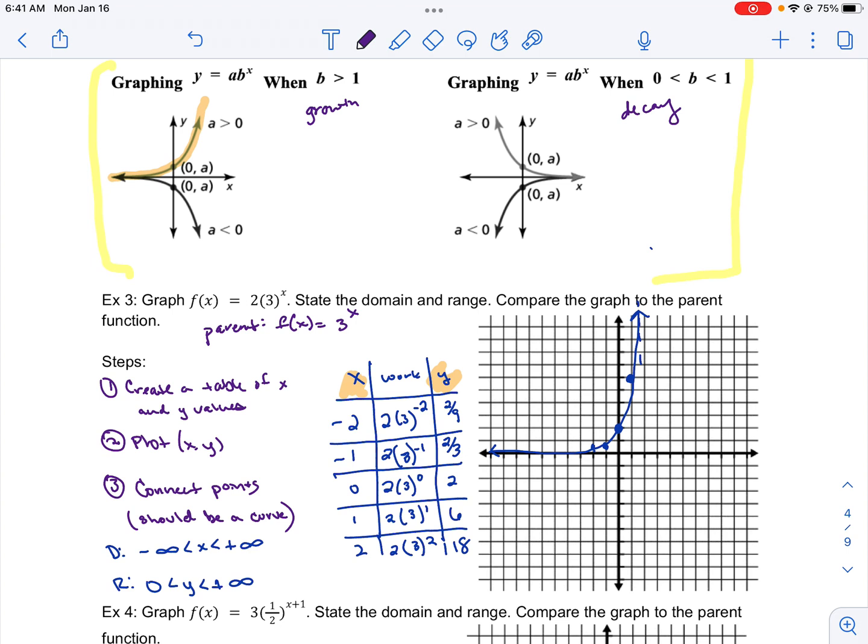So pretty much they're asking, what did that 2 do to the graph? Well, the 2 is going to multiply it, which means that it's going to stretch this, okay? So the 2 stretches the parent.